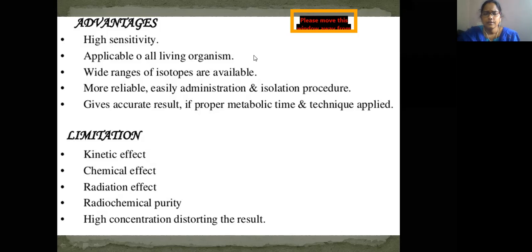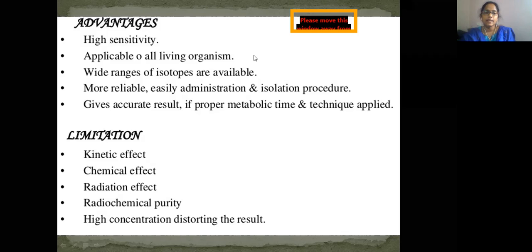We have techniques like the direct injection method, the spraying technique, and the infiltration method. So the method of administering or inserting the radiolabeled compound is also easy. It is more reliable, easily administered, and the isolation procedure is also easy, so we can separate easily. These are the advantages.